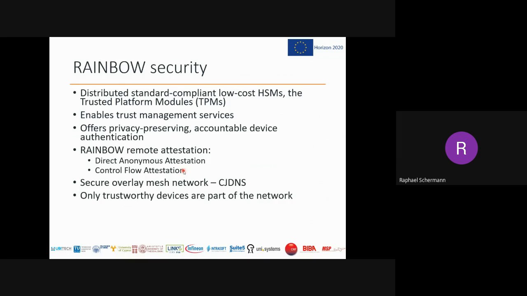For the Rainbow remote attestation, to be privacy aware, we are using direct anonymous attestation. And for the runtime verifications, we are using control flow attestation. The overall network is a secure overlay mesh network called CJDNS. And here we also try to store the keys in the TPM. This assures us that only trustworthy devices are part of the network.